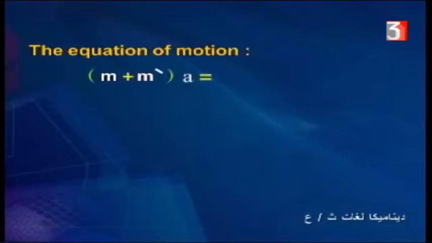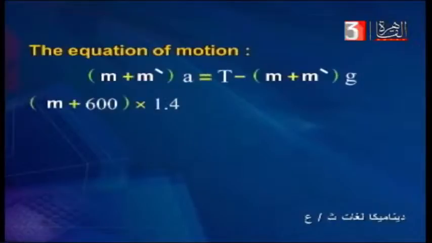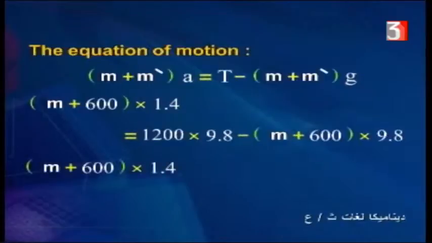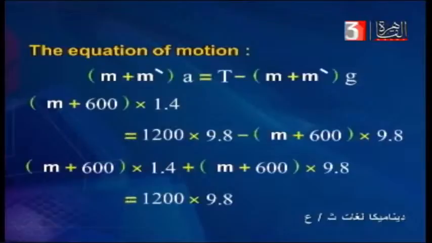Then (m plus m dash) multiply a equals T minus (m plus m dash) g. (m plus 600) times 1.4 equals 1200 times 9.8 minus (m plus 600) times 9.8. Moving terms, (m plus 600) times 1.4 plus (m plus 600) times 9.8 equals 1200 times 9.8.